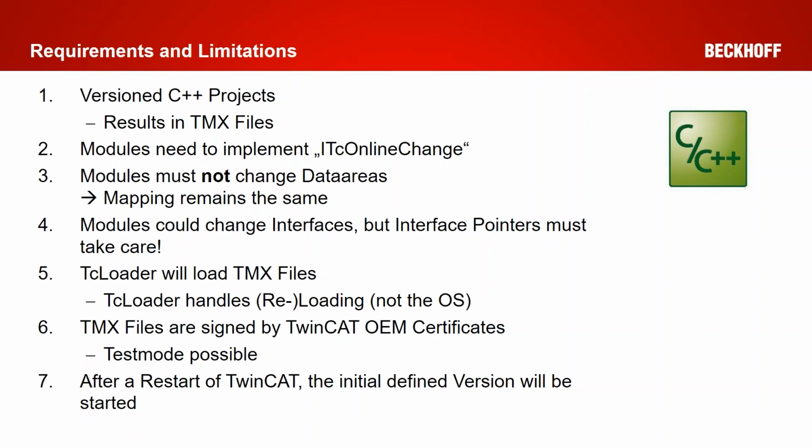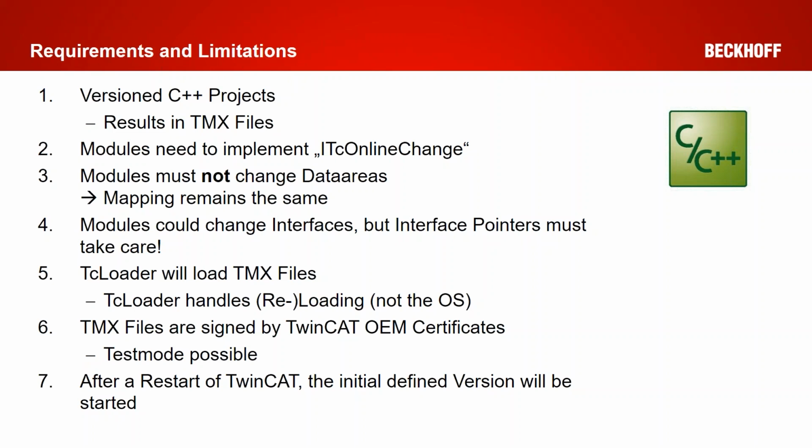These versioned C++ projects result then in a TMX file, a TwinCAT Module Executable file, and not in a TwinCAT driver or operating system driver sys file anymore. So TMX files are the TwinCAT Module Executables, and these are coming out of the build process of a versioned C++ project. The modules within such a TMX file need to implement the ITcOnlineChange interface, where we will have a look in a minute into the details.